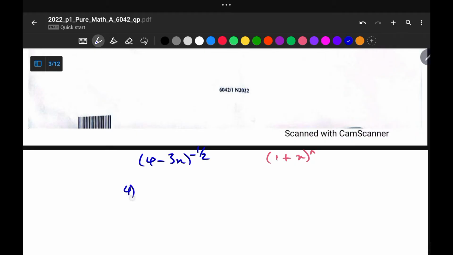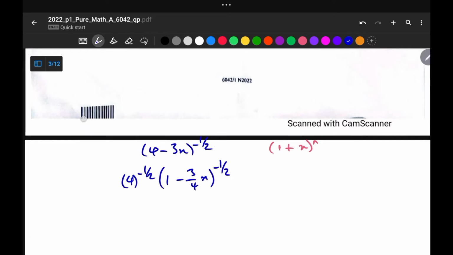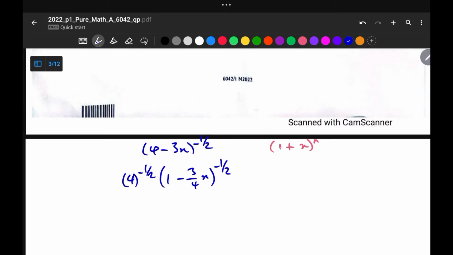It is now 4 raised to the power negative half multiplied by (1 minus 3 over 4 x) raised to the power negative half. 4 raised to the power negative half is equal to 1 over 4 raised to the power half, which is 1 over the square root of 4, which is 1 over 2.